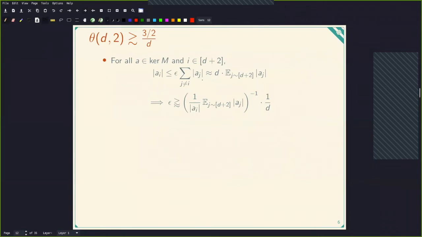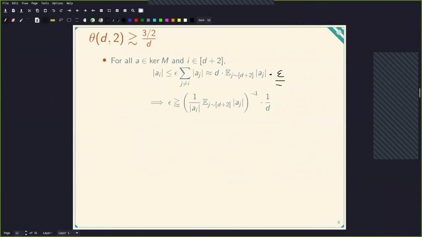And just because I'm lazy, I'll say that's approximately d times the average over all of those, times epsilon. I forgot an epsilon. Great. And if we solve for epsilon, we get this expression.